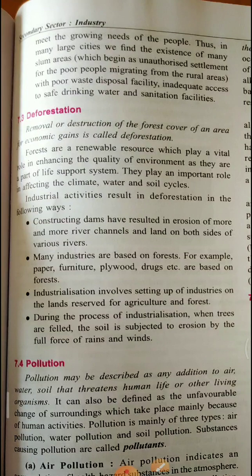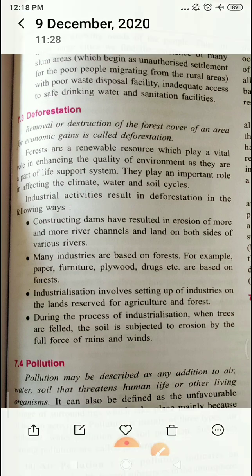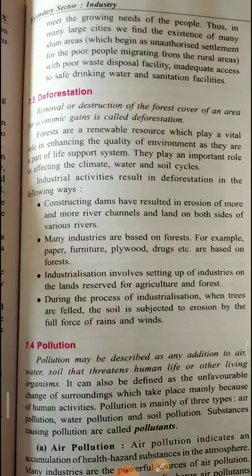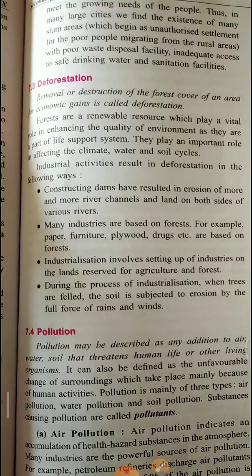Thus, in many large cities, we find the existence of many slum areas which begin as unauthorized settlements for the poor people migrating from the rural areas, with poor waste disposal facilities, inadequate access to safe drinking water and sanitation facilities.